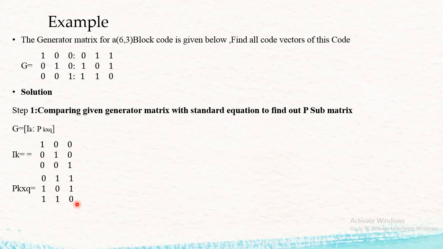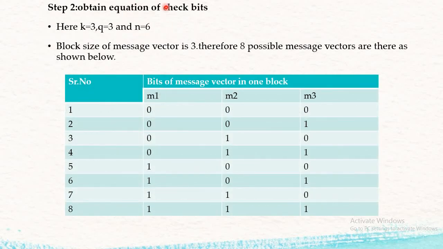So once the P submatrix is extracted, we go for the second step, that is to obtain the check bits. Now here what is given? The size is given as 6 by 3. So we come to know the size of n is 6, the size of k is 3, and n minus k, that is 6 minus 3, comes out to be q. So q is the number of check bits, or the number of parity bits which we are adding in this LBC.